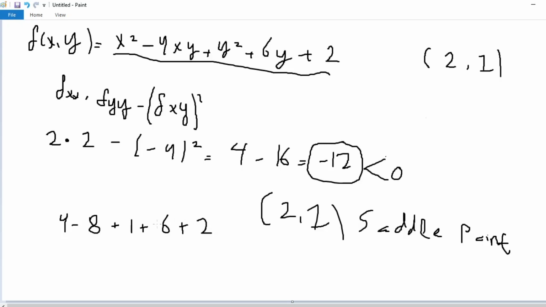So let's combine them. 6 plus 2 is 8, plus 1 is 9. 9 minus 8 is 1, and then plus 4 is 5.